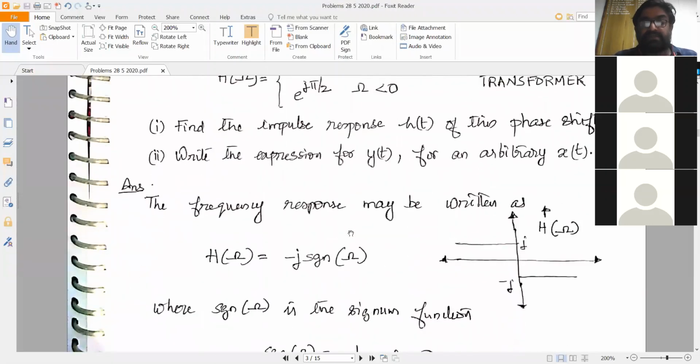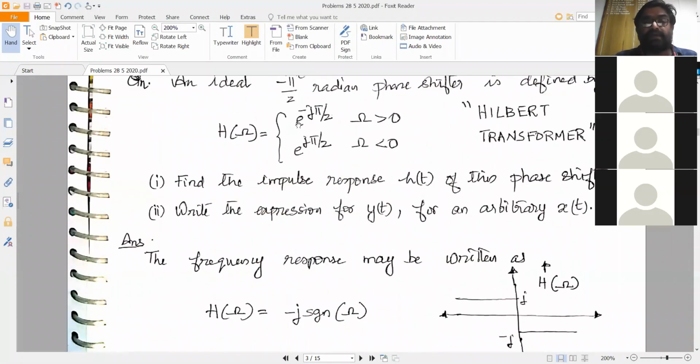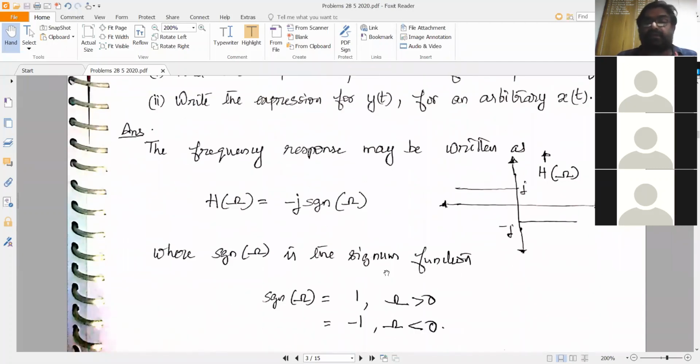So the frequency response can be written as e raised to minus j pi by 2 radian for omega greater than 0 and e raised to j pi by 2 radian for omega less than 0. Which means we can write H of omega is equal to minus j into signum of omega. Why?